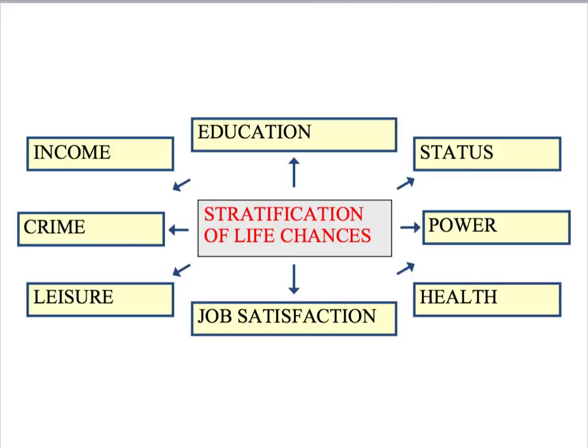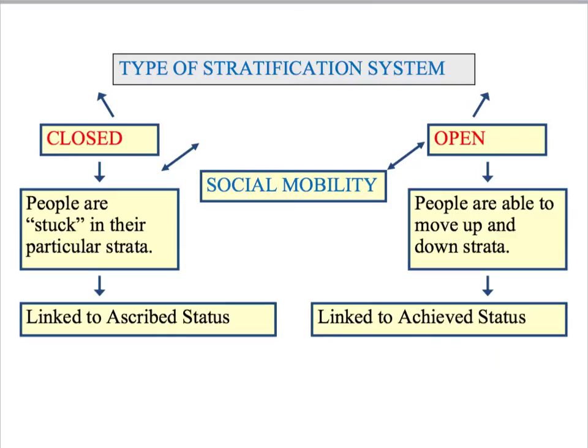Now in class we'll look at some specific types of stratification system, but for the time being be aware that we can classify stratification systems in terms of whether or not they are relatively closed. That's where people are stuck in their particular layer, in their particular strata, and they can't really easily move up or down.